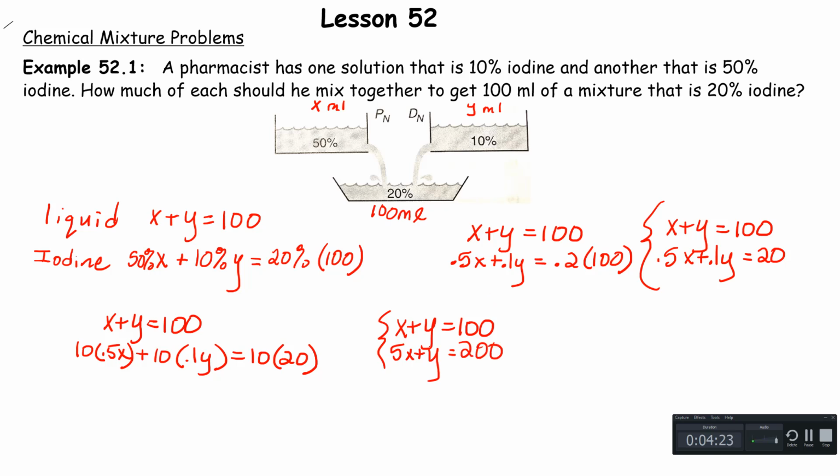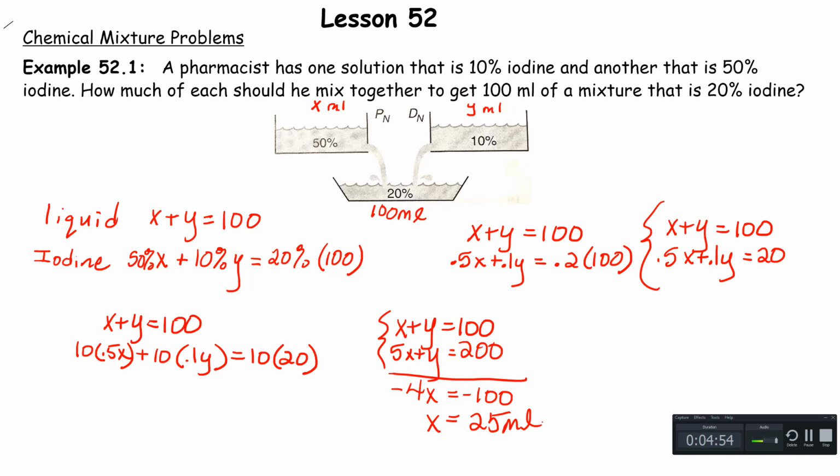All right, so to solve this, I'm just going to subtract the two equations because the y's both have a coefficient of 1, and if I subtract the two equations, the y's will go away. So x minus 5x is negative 4x. Y minus y is 0. It's gone. 100 minus 200 is negative 100. Divide both sides by negative 4, and you get that x is 25 milliliters.